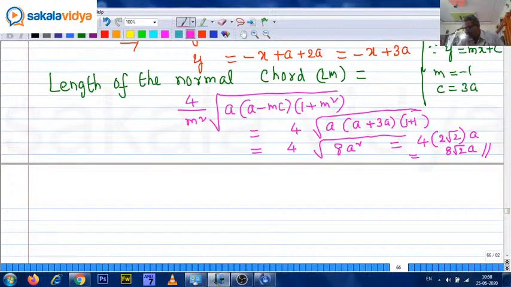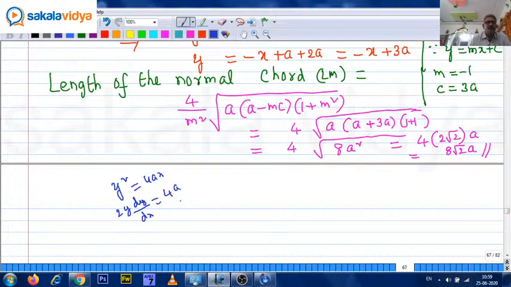Okay, very good question, Suma, you asked. Find dy by dx, you get the slope of the tangent. I will show you. y square equals 4ax. So differentiate: 2y dy by dx equals 4a, dy by dx equals 2a by y.